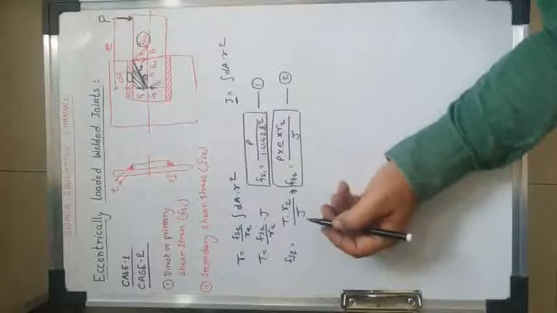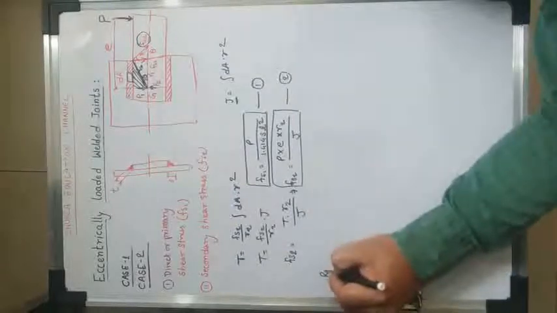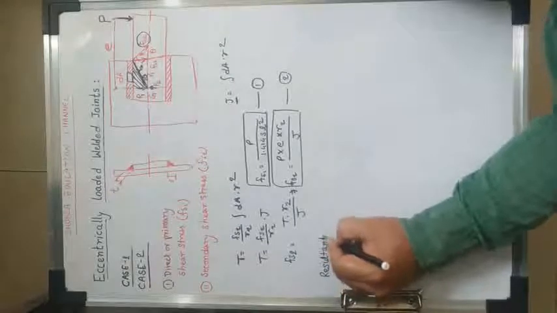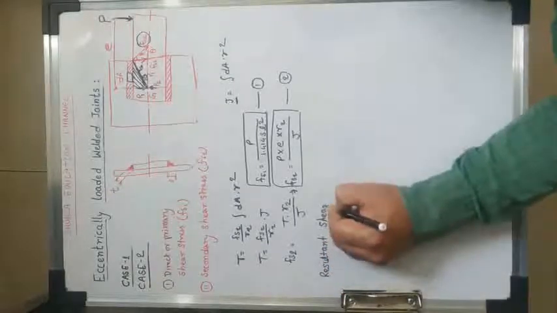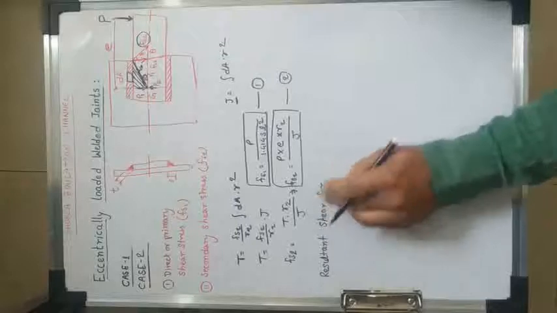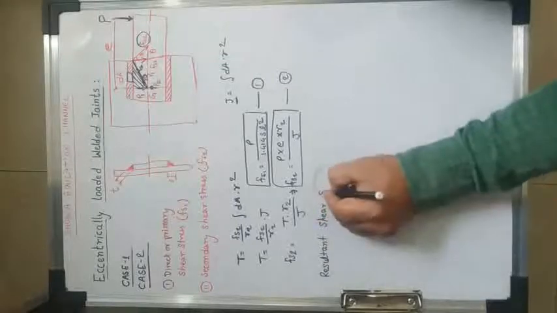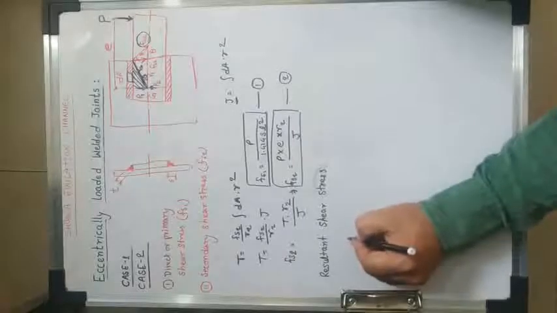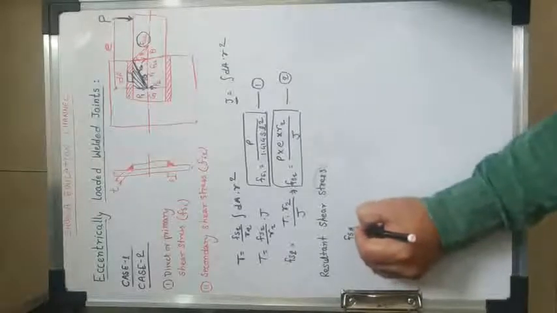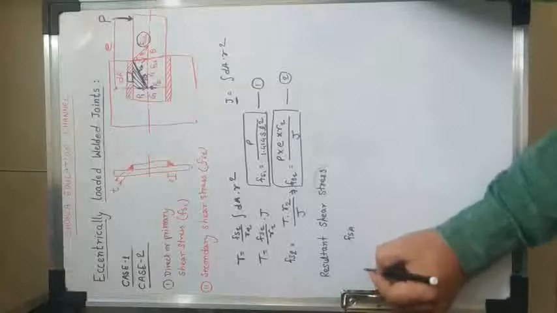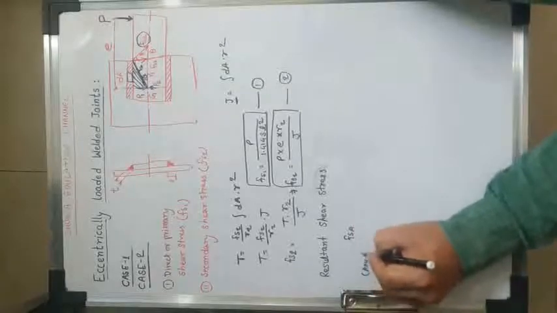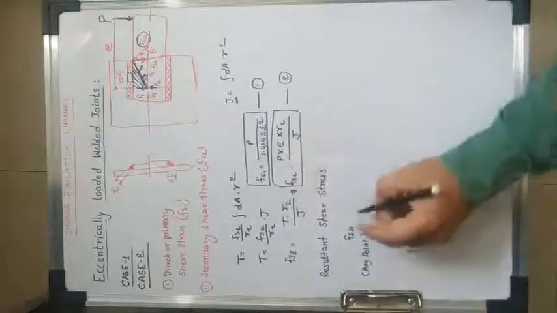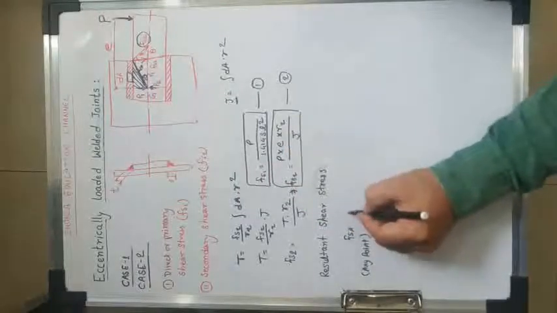Then what is that, the resultant shear stress? Then what will be the resultant Fsa? What is A here? A is any point where we are considering these stresses.